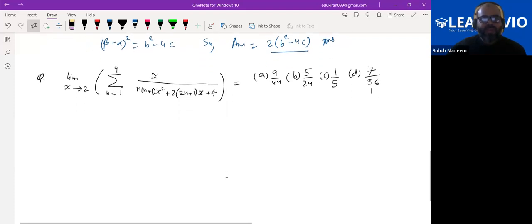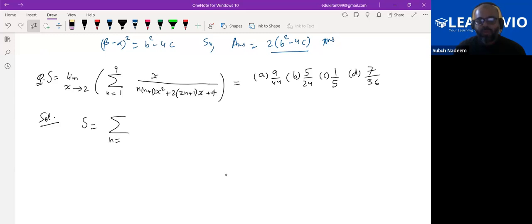If we have x approaching 2, let us call this sum as S. Let us put x is equal to 2, because putting x equal to 2 is not making it an indeterminate form.